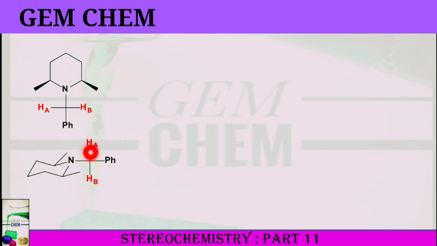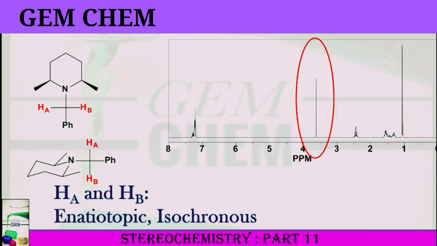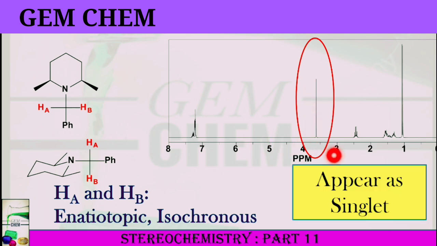In that case, we are going to see that an isochronous shift is obtained and it is a singlet. From here you can see the peak for this one, and we have only a singlet obtained. So we can write it appears as a singlet in NMR.